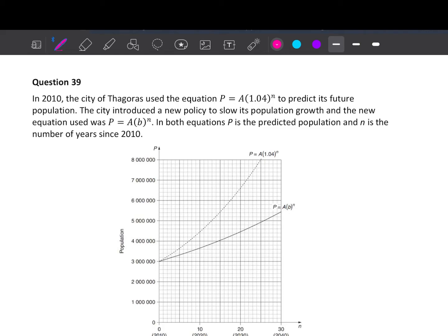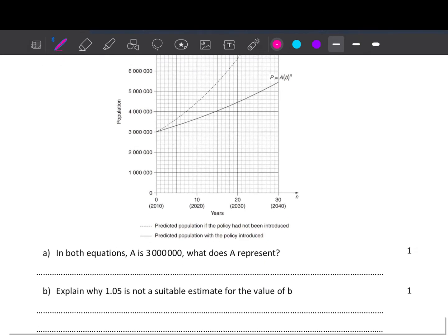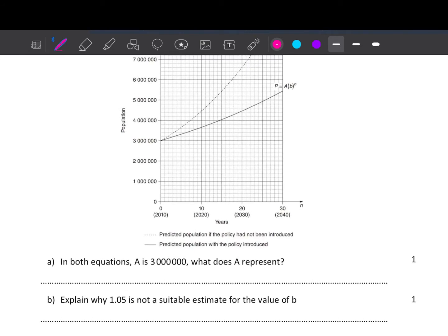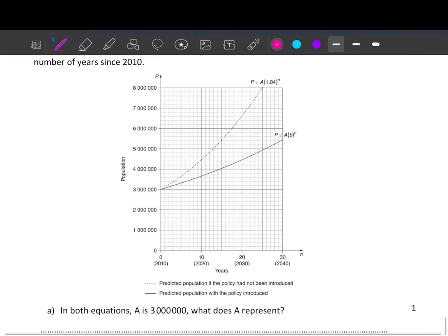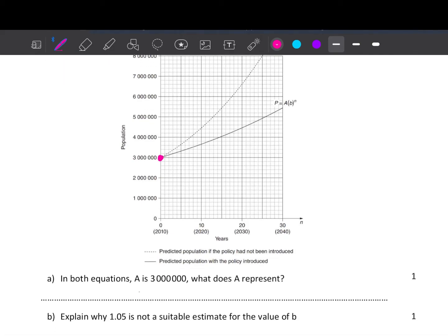So that means we're going to take 2010 as time 0. In both equations, A is 3 million. What does A represent? There's 3 million here, and both of them start at 3 million. So that tells me that it is the initial population.